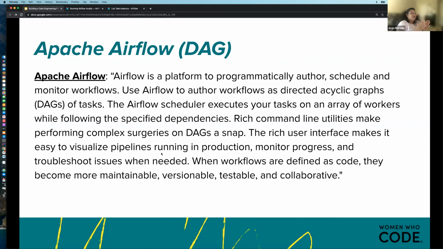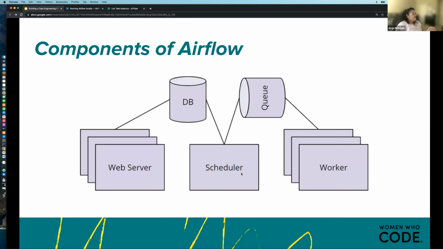It's basically like a cron job. You author it as a directed acyclic graph, and I'll come back and show you the graph so that all your task dependencies can be seen. That's why you need it, to automate your data pipelines.